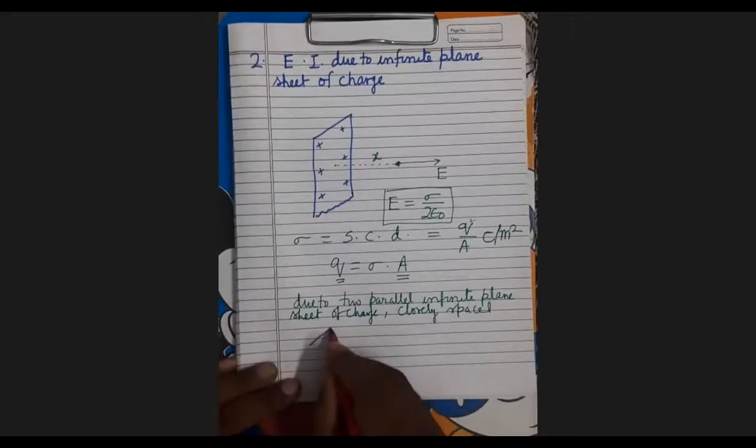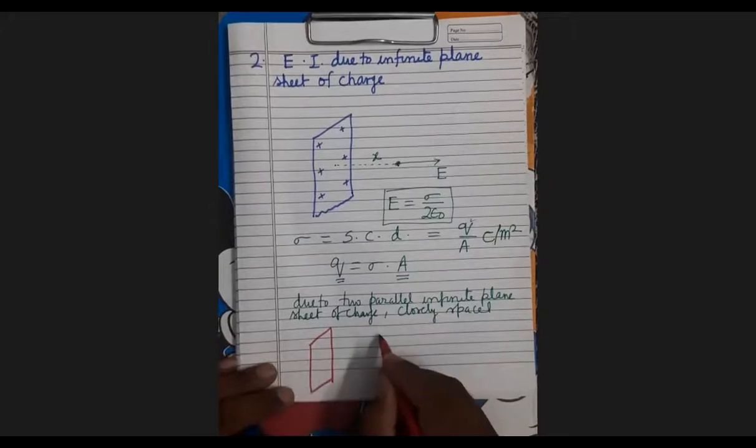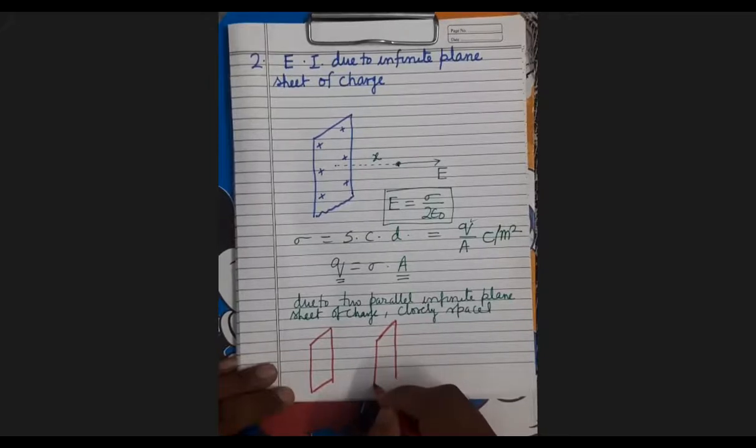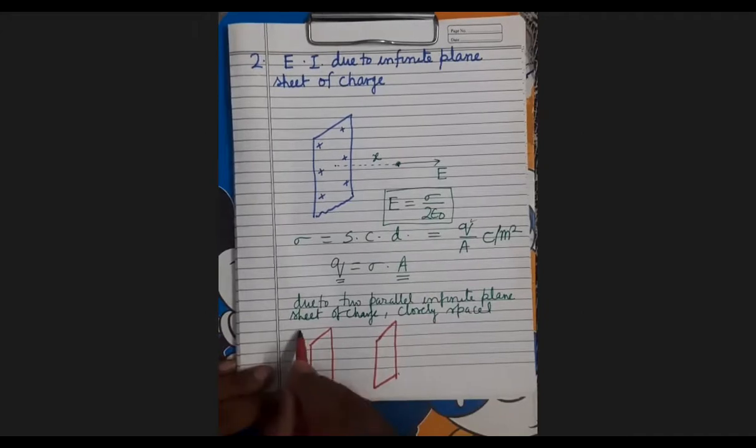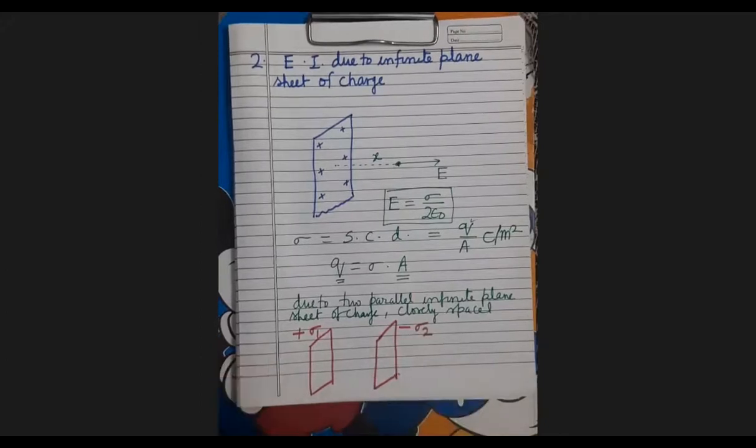Now see here, one plane sheet of charge is this and another plane sheet of charge is this. Suppose here the surface charge density is plus sigma 1, and on the other, on their inner surfaces, it is sigma 2.